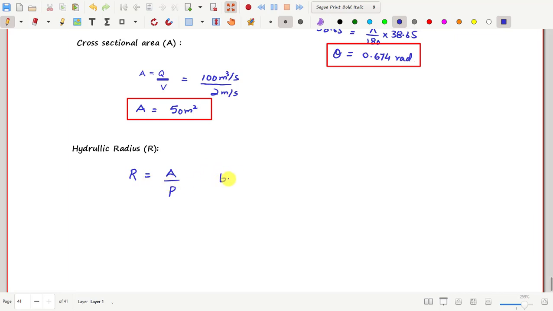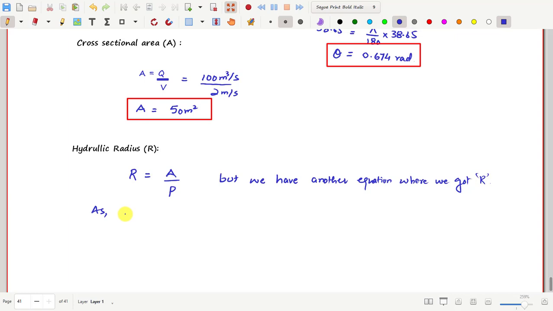But we have another formula, another equation where we got R. That is the Manning equation.